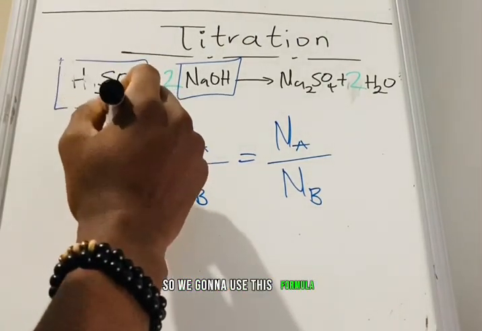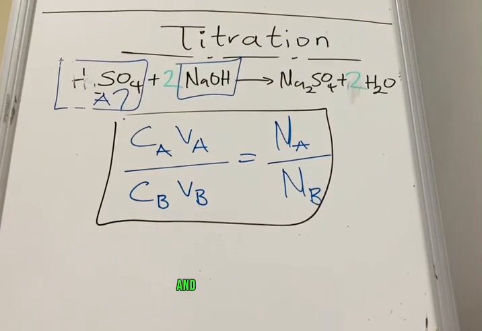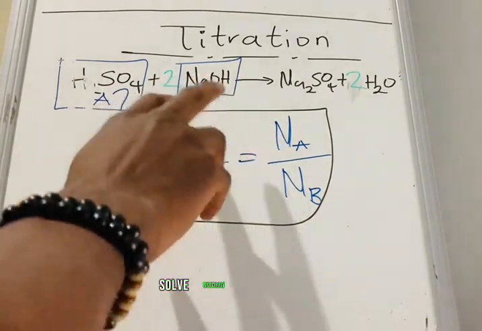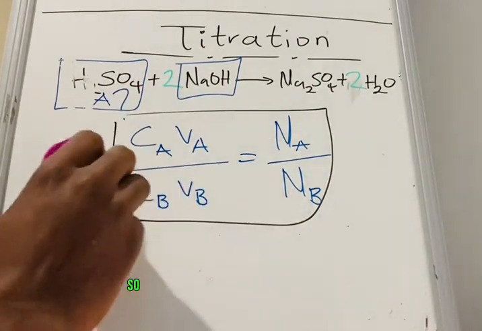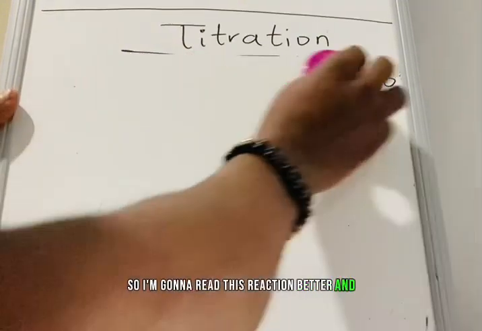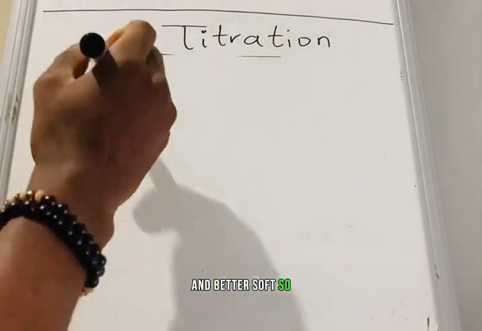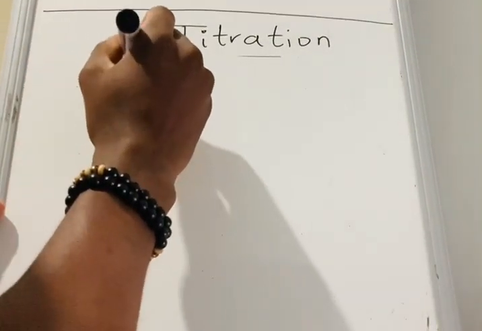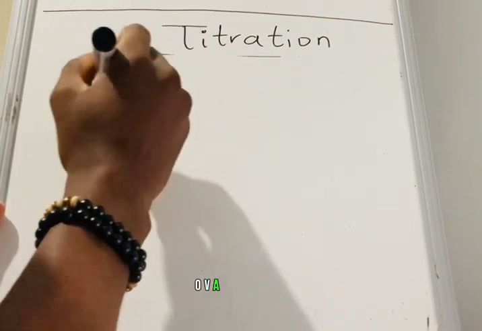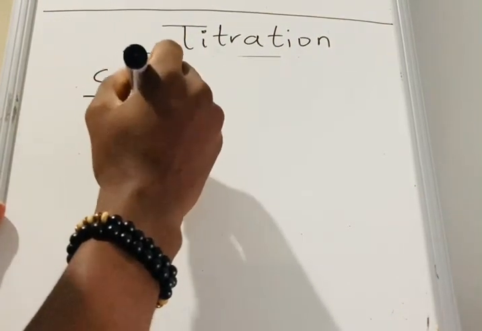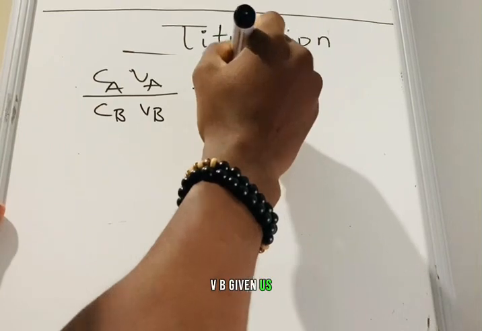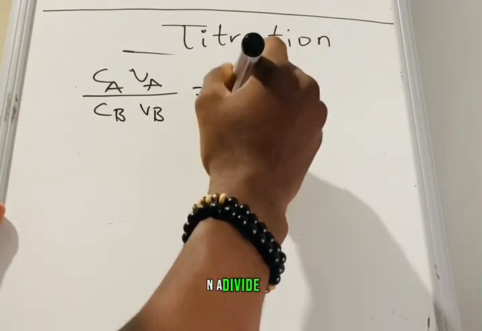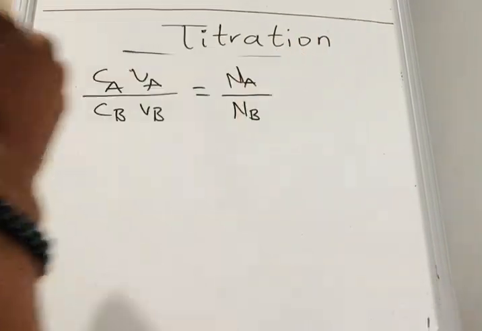So we're going to use this formula, and I'm going to write this reaction better and then solve. CA VA divided by CB VB giving us NA divided by NB.